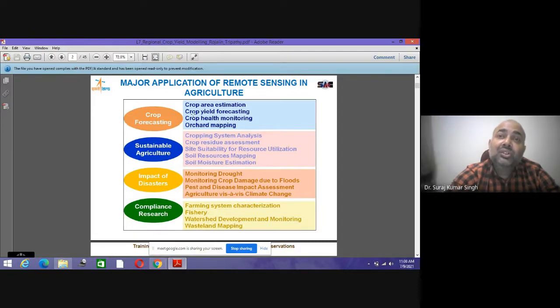All such health monitoring, yield forecasting and mapping can be easily identified and is readily used by the Indian Council of Agricultural Research, the Food Ministry of India and Forestry. This subject has enormous capacity.